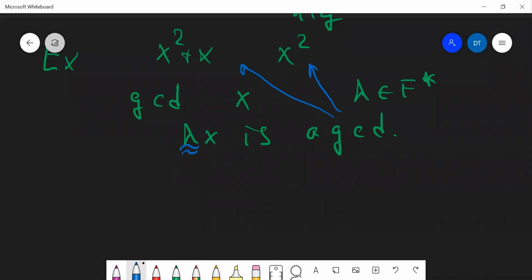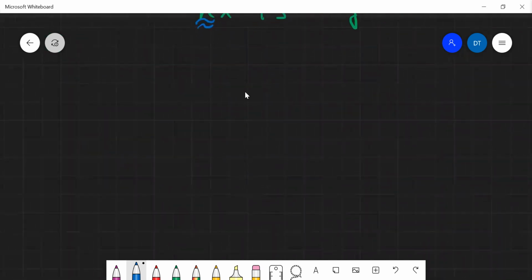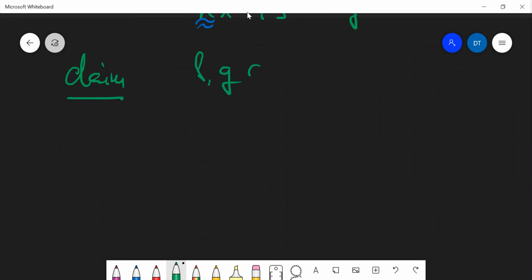Okay, and let me recall the properties of the greatest common divisor that I want to use. So if we have two polynomials, f and g, from F of x, then first of all, the greatest common divisor always exists.